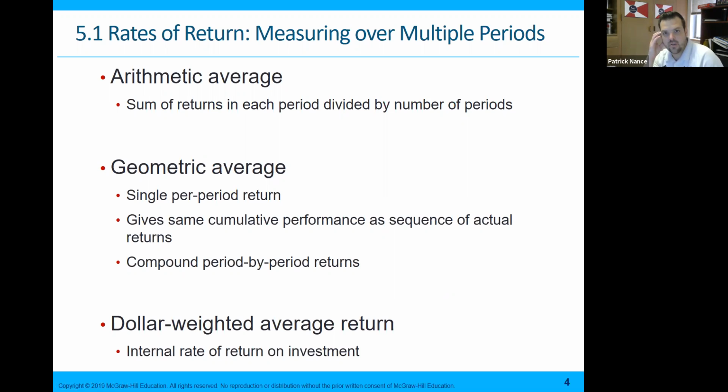Measuring returns over multiple periods. This is one I'm a little bit more familiar with. The sum of returns in each period divided by the number of periods would give me my arithmetic average.